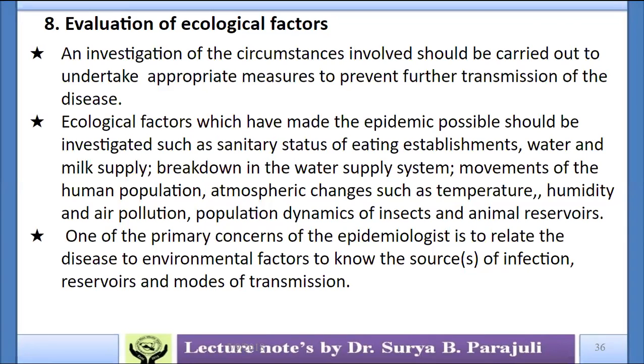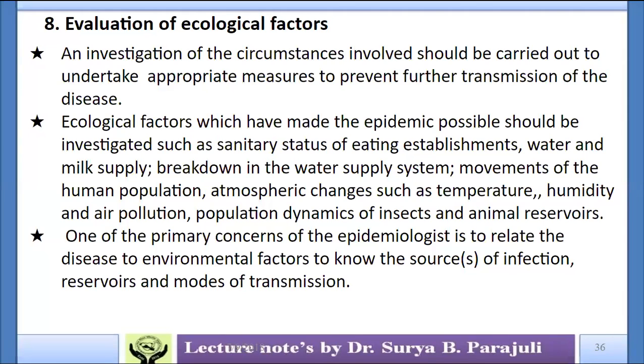Movement of the human population, COVID-19, atmospheric changes such as temperature may change. It will increase more cases of vector-borne disease, due to an increased number of mosquitoes, respiratory problems, population dynamics of insects, or sometimes animal disease.